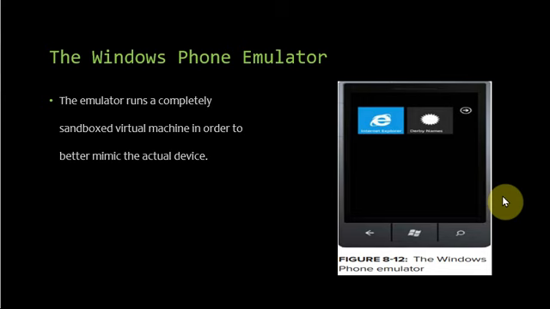It is not just a simulator, but the emulator runs a completely sandboxed virtual machine in order to better mimic an actual device. So we are saying it is a very powerful tool because it is trying to match the actual device, that is, how your application will be on your actual device.